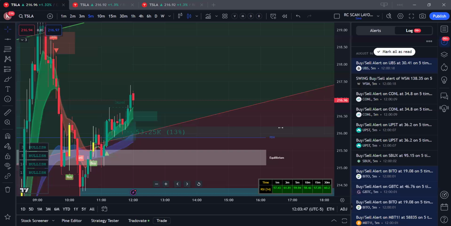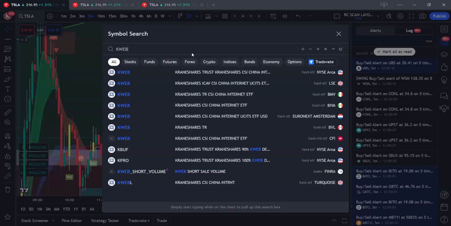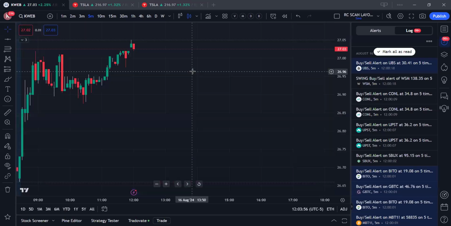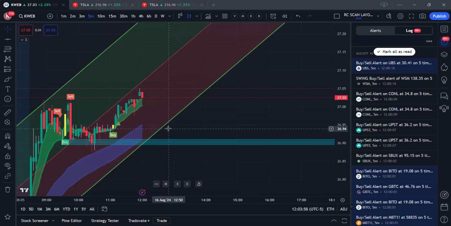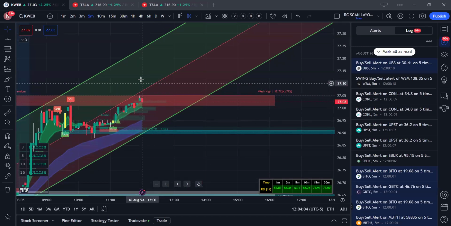Yeah, KWeb has more potential to go up. If you see KWeb, if it breaks this, it can go all the way to the top. As right, everything is green. Everything is green here.